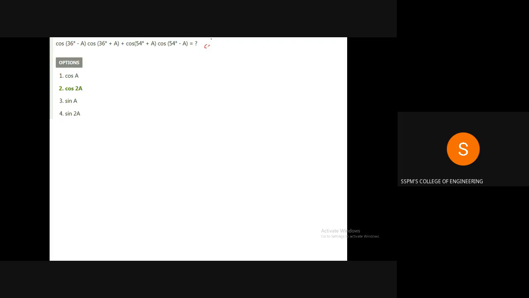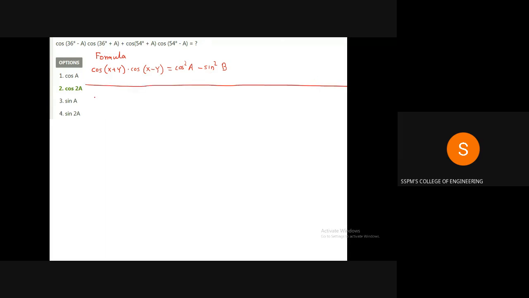The formula is like this: cos of (x plus y) into cos of (x minus y) is equal to cos square a minus sin square b. Cos square a minus sin square b.